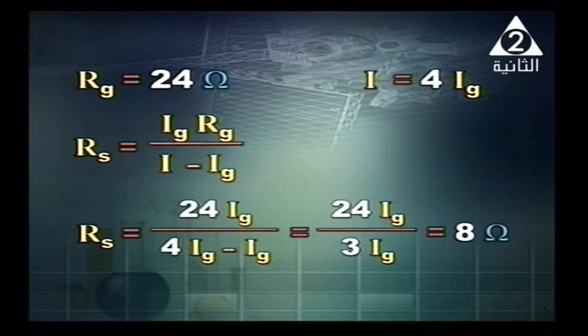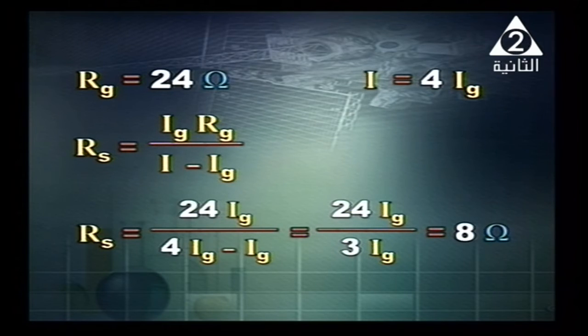This means that the ratio between Ig and I equals 1/4, so I equals 4 Ig. The value of the shunt is given from the expression Ig Rg over I minus Ig. So Ig times the resistance of the galvanometer, 24, over 4Ig minus Ig. So we can say 24 Ig over 3 Ig, and Ig will be crossed out. In this way, we've managed to obtain the value of the shunt.